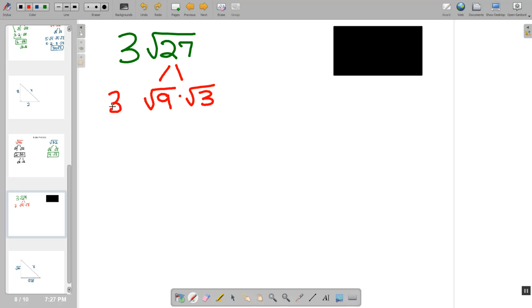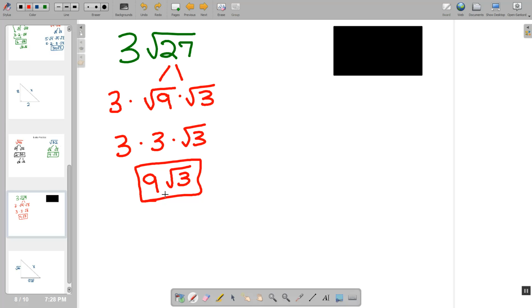And the number 3 is still just floating out front. So this is going to stay as 3. This is going to change into the whole number 3. And this is going to stay as the square root of 3. 3 times 3 is 9. Therefore, our answer is 9 times the square root of 3.